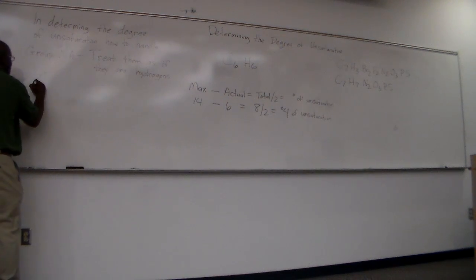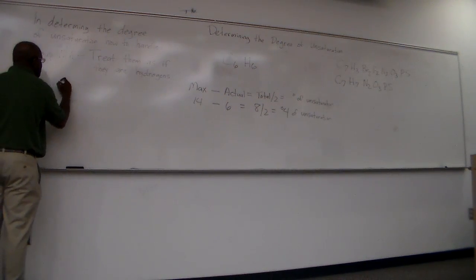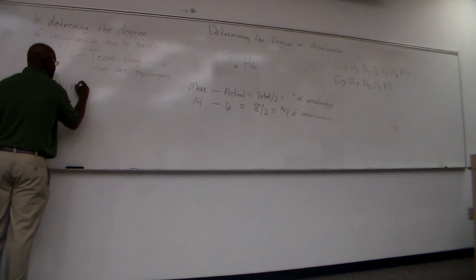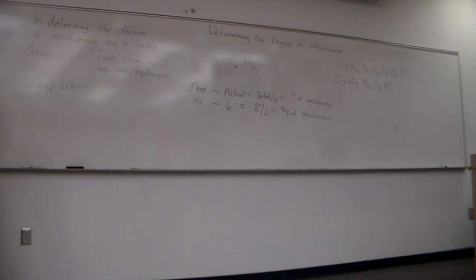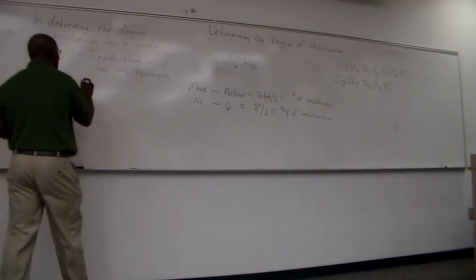The next one on the periodic table is group 6A. Treat them as if they were class clowns.